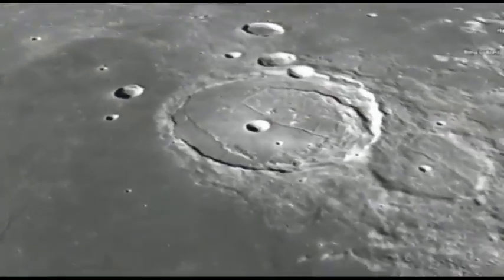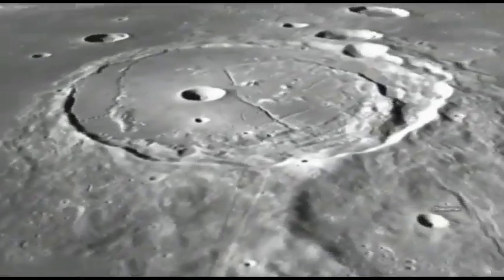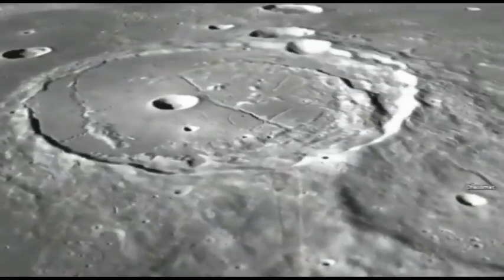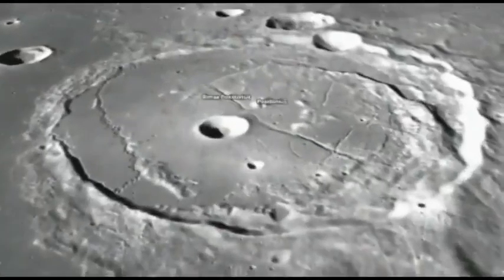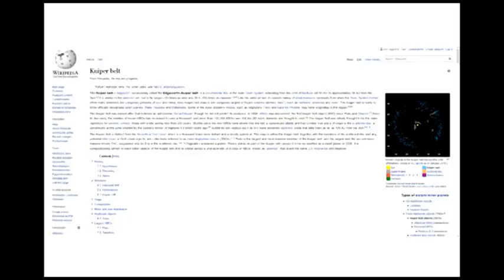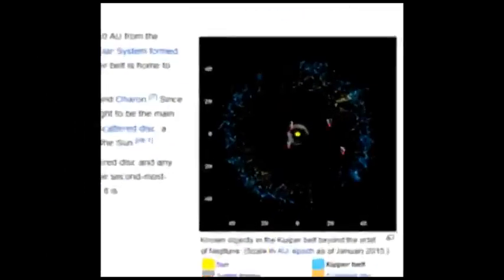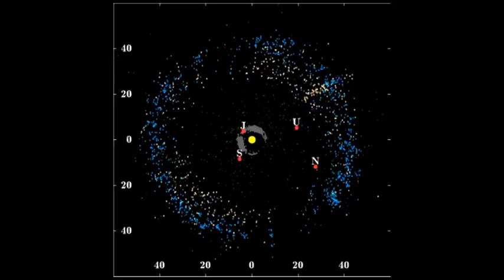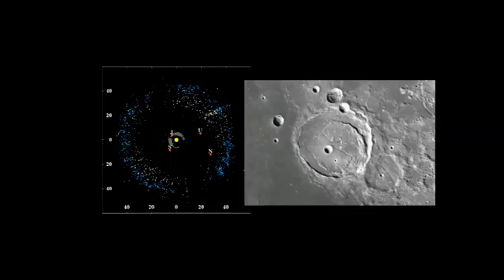Well, what have we got here? A rock formation formed in a circle. Well, let's take a look at Wikipedia. That is a match, if I'm not mistaken.